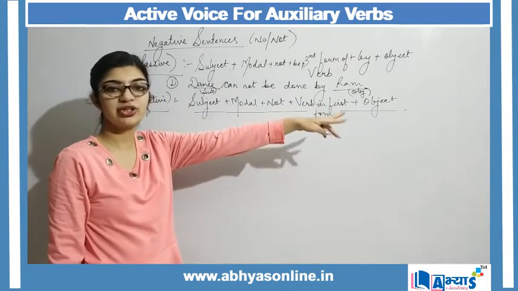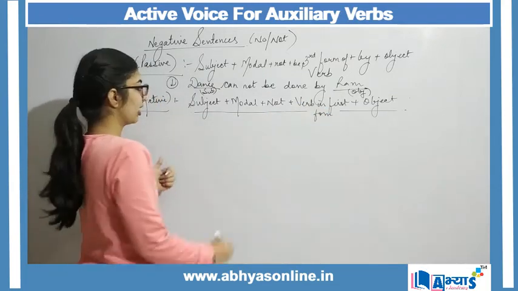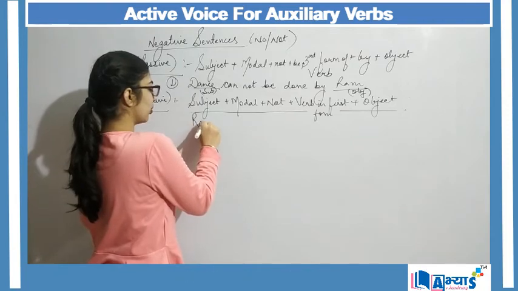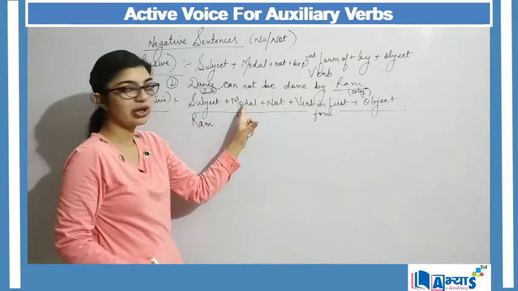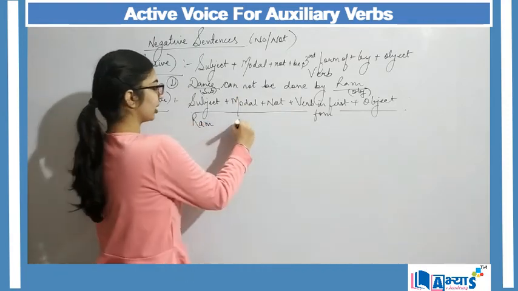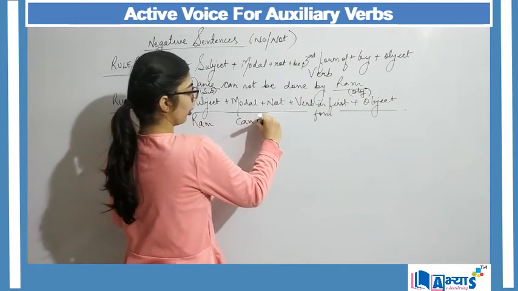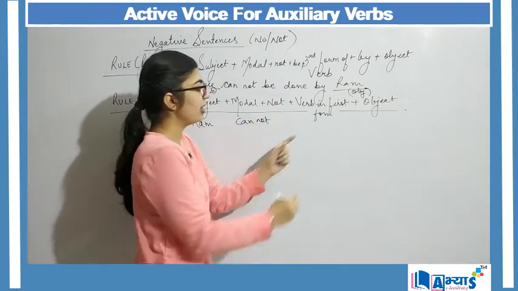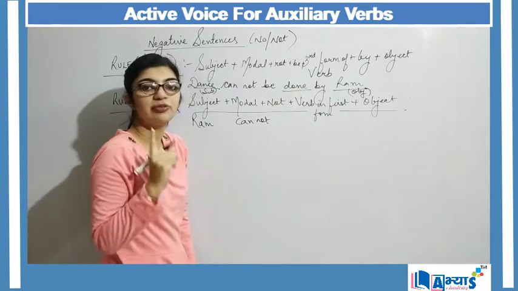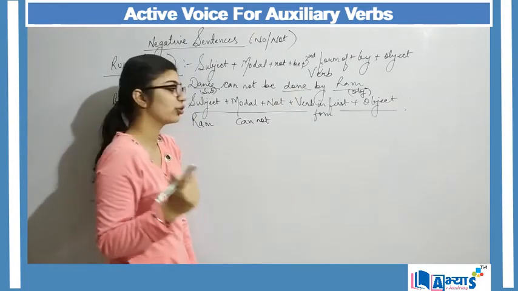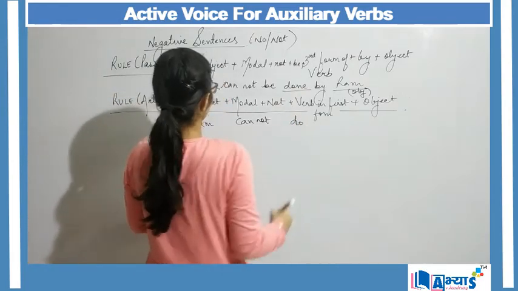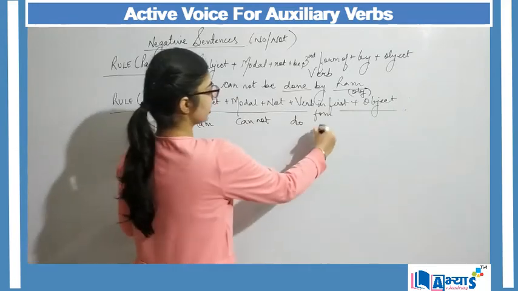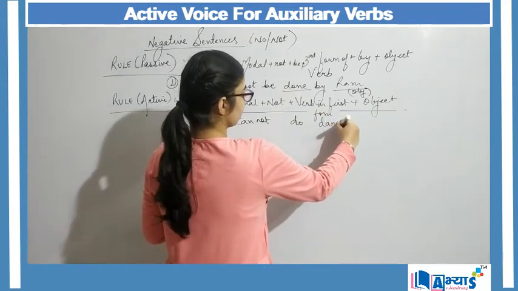So now the object Ram will be subject, so my sentence will begin with Ram. Modal will remain the same: can, not. Verb is done. The first form of done is do.